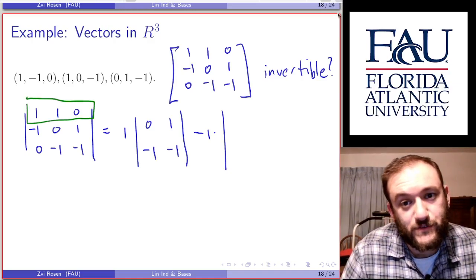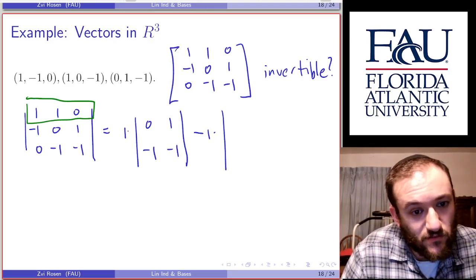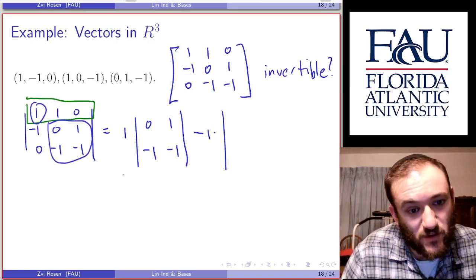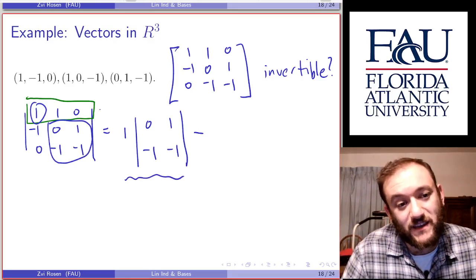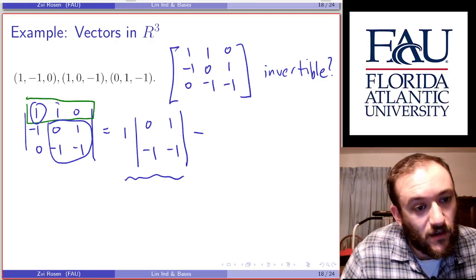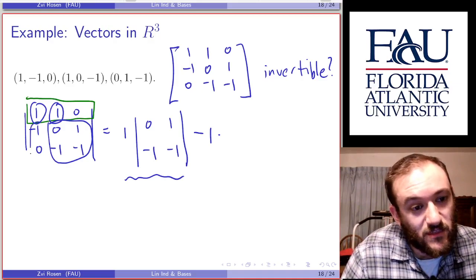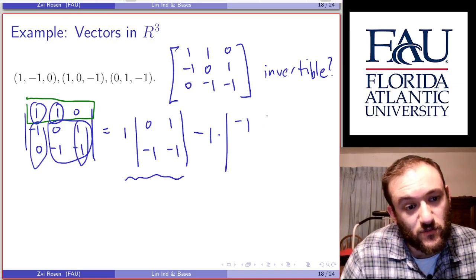So when I take the first term, I get this times this, that's what I put over here. And then in the next one, I have minus, because you always switch off the sign. And it's this 1 times this submatrix.